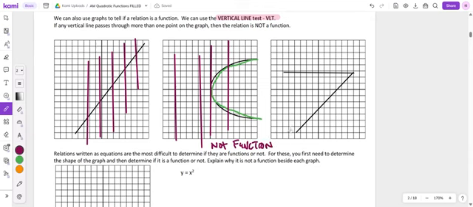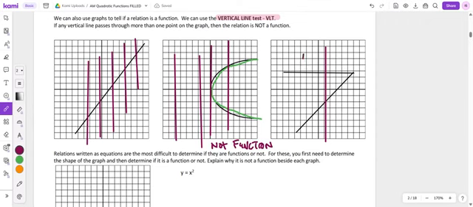How about this nice looking 7? Let's draw some vertical lines. As you draw these vertical lines, will one of the lines touch the 7 twice? Failed.